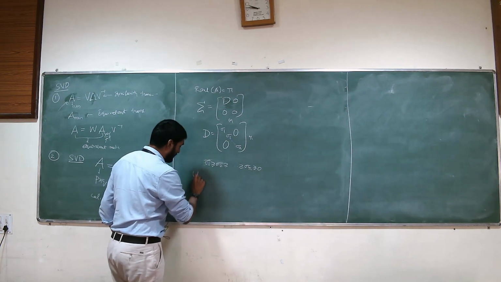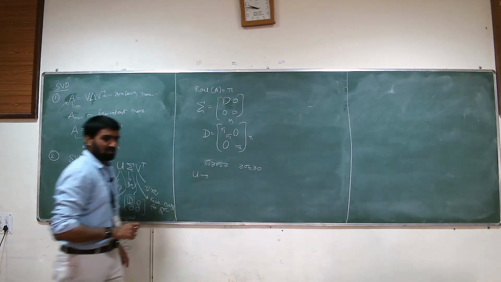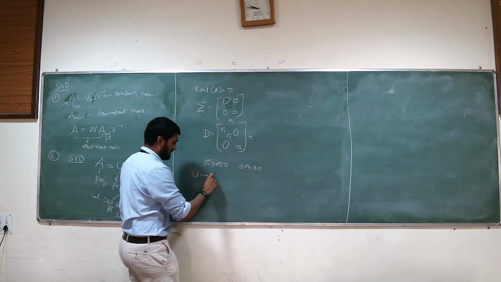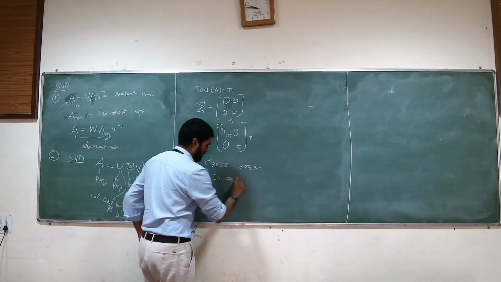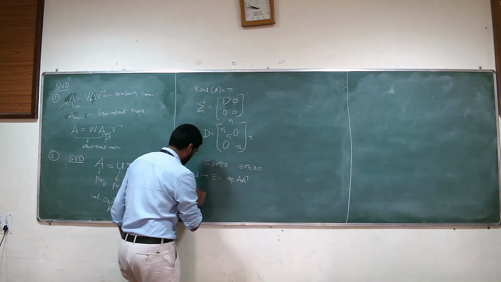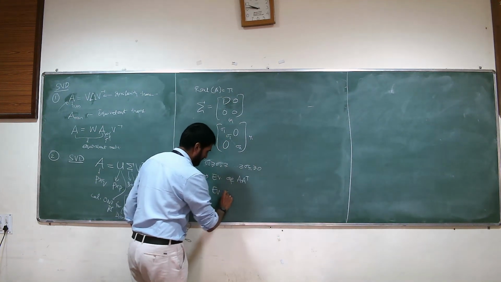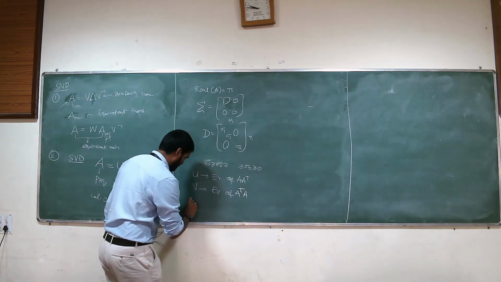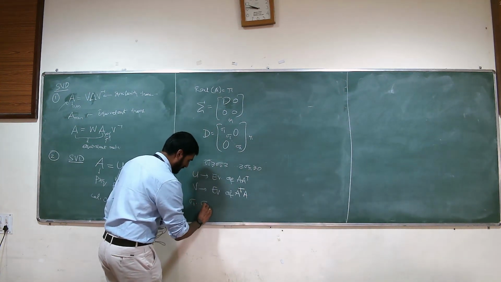How do we obtain U? Eigenvectors of what? And V. And what about sigma 1 through sigma R?